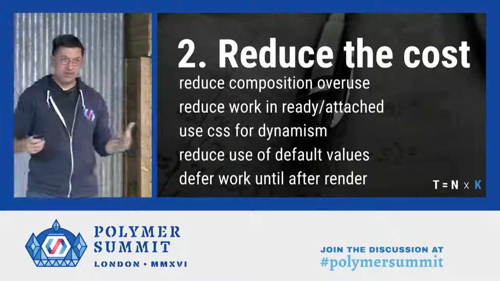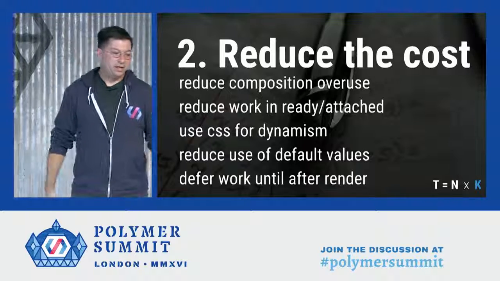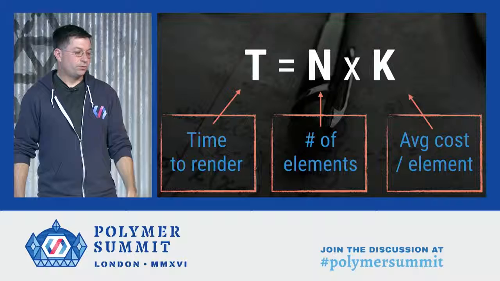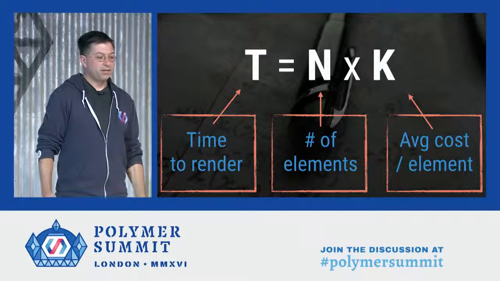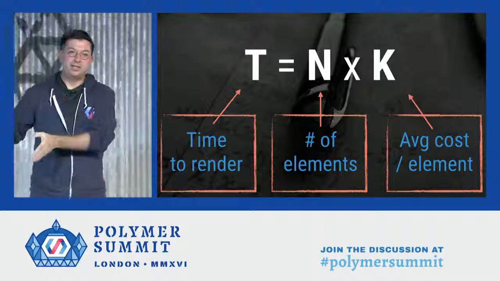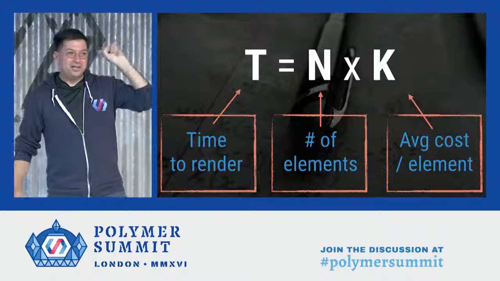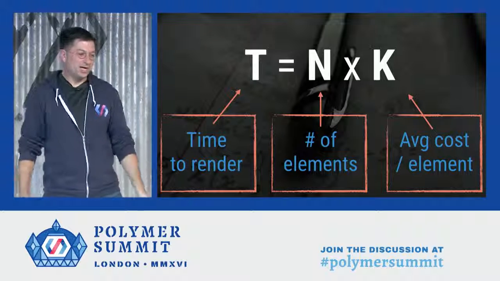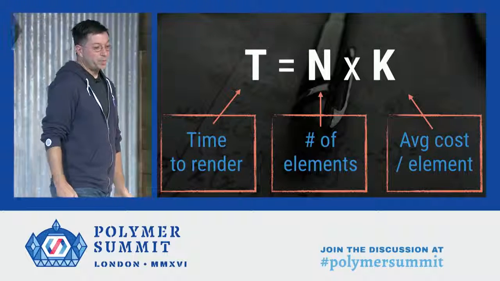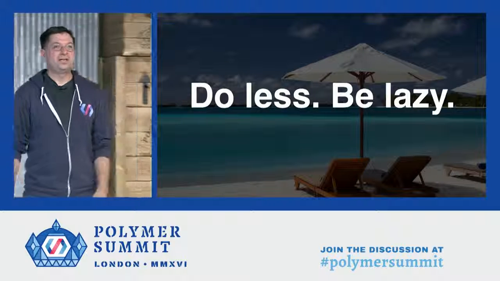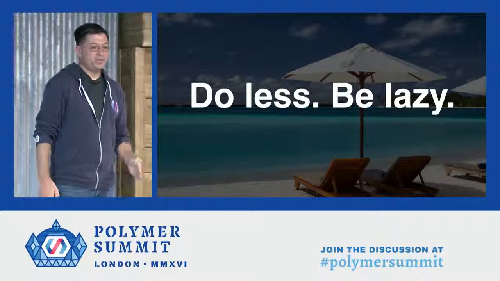And you don't have to remember each one because really, taken together, of course, we looked at some ways to reduce the number of elements and the ways to reduce the cost of the elements. And here's what I'm getting at, that you don't have to remember any of these specific things. You can, of course, review for that. But to keep in mind, if you remember one thing, it's just this: do less and be lazy, because all of these things that we just talked about really express this main idea.